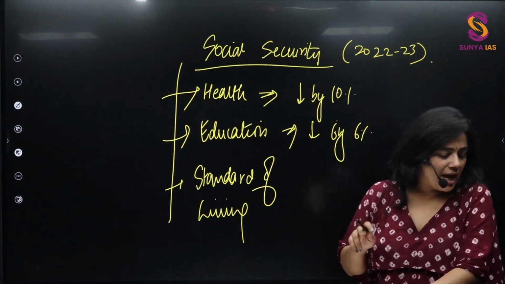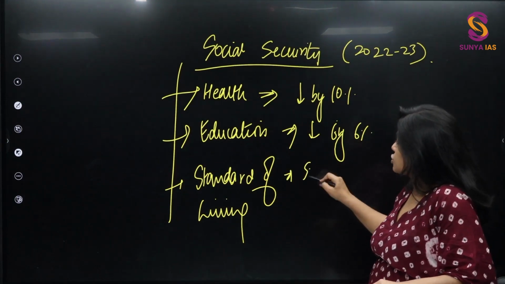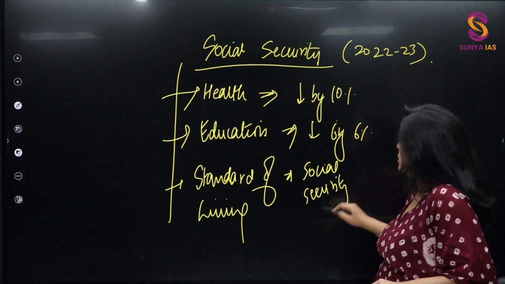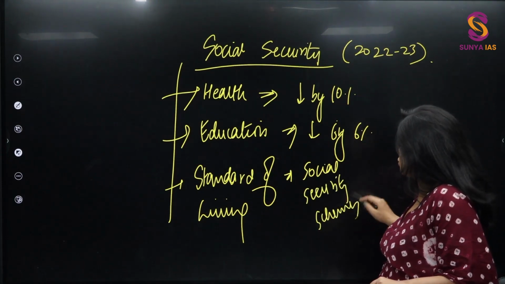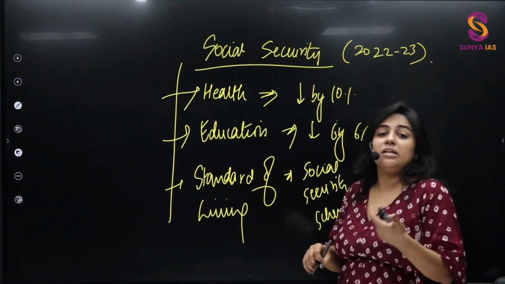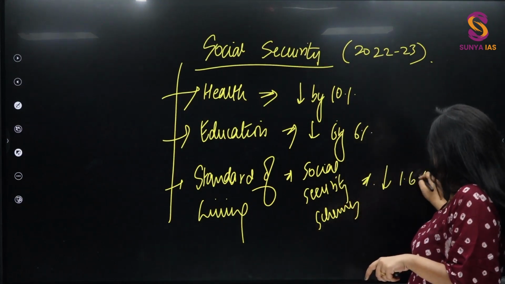Okay. And overall the social security schemes, including Manrega, if you will remember, there was a huge outcry over the fact that the Manrega budget has not been increased, rather it has been slashed. So it has been reduced by 1.6%.